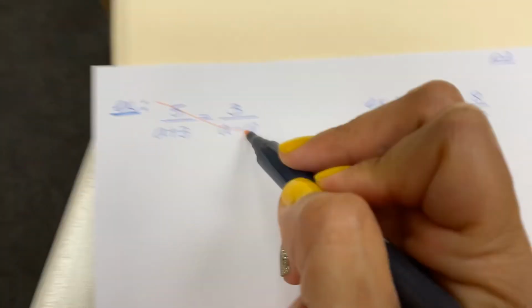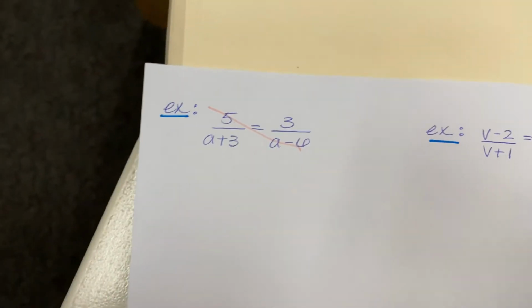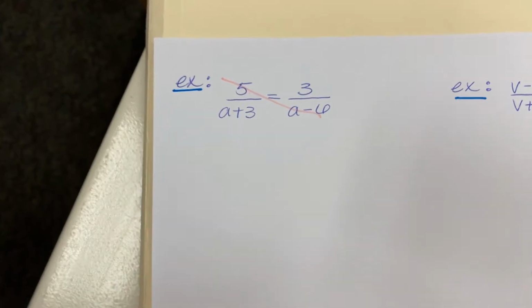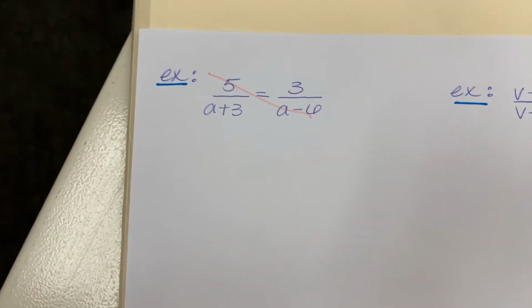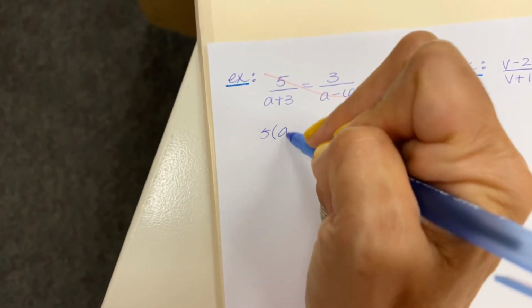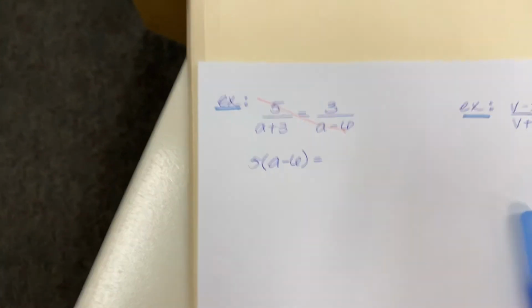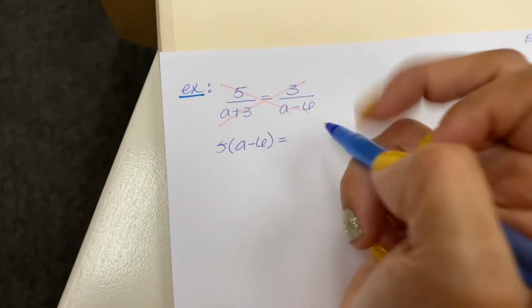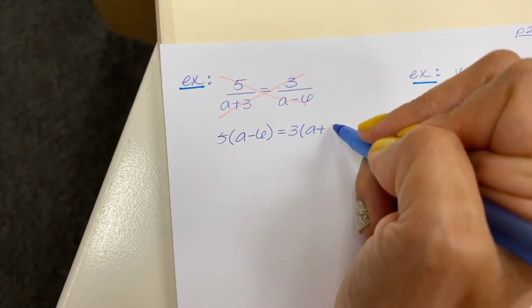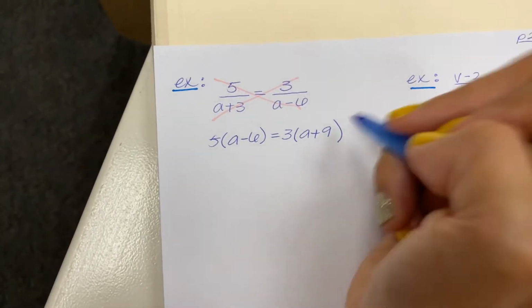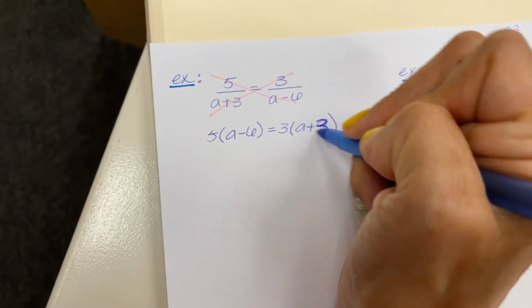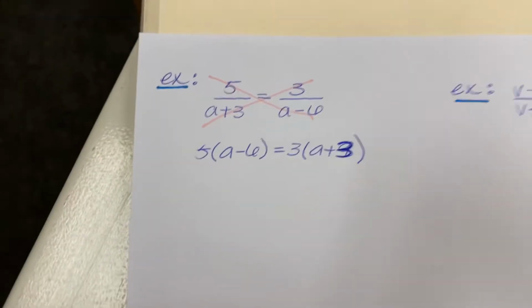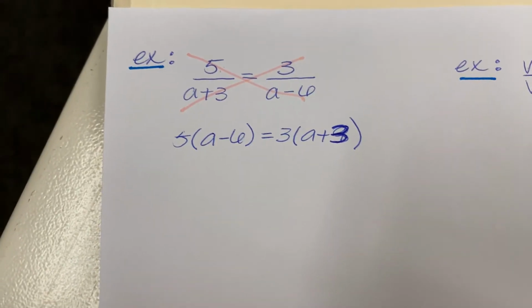So I'm going to cross product, but instead of just doing it in my head, which some of you are saying already, it's 5a minus 30. You're correct, but let's just write it out just to make sure. And then let's cross the other side, 3 times a plus 3.